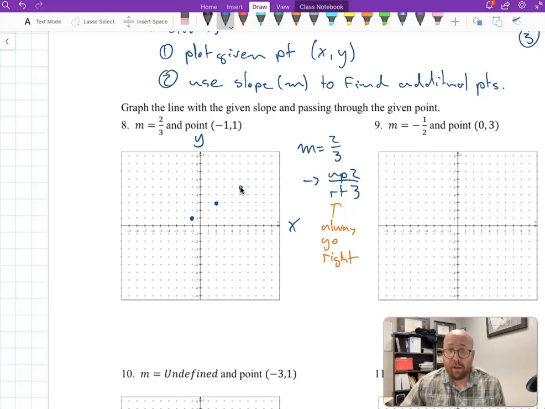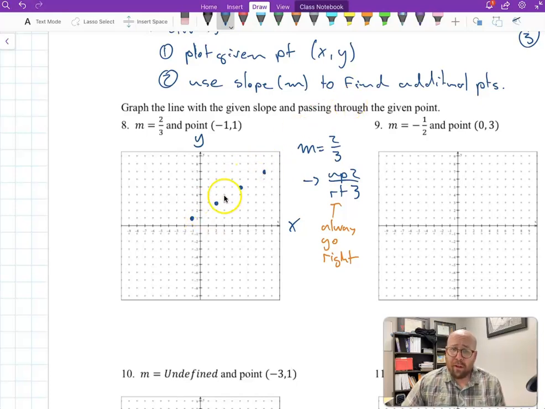We can use slope again, up 2 to the right 3, 1, 2, 3. So we should now be at (8, 7). Now, if I had a bigger coordinate plane, we could keep going in this direction to the right.